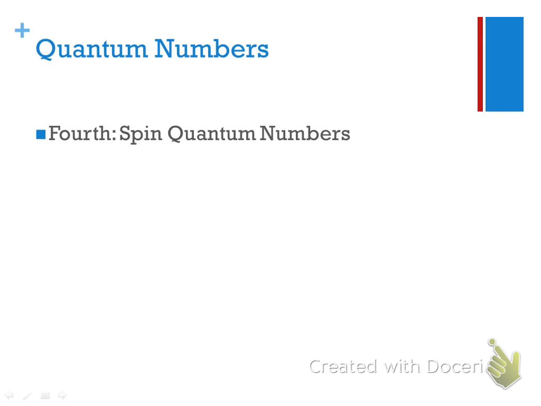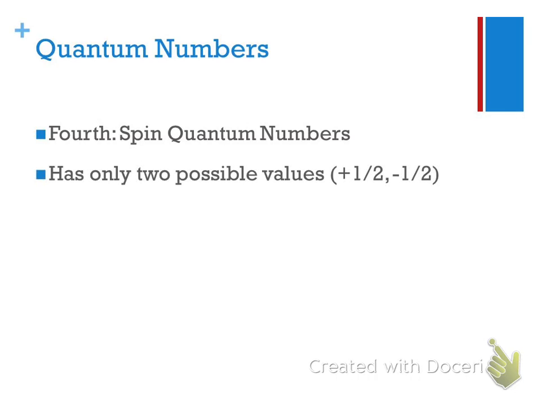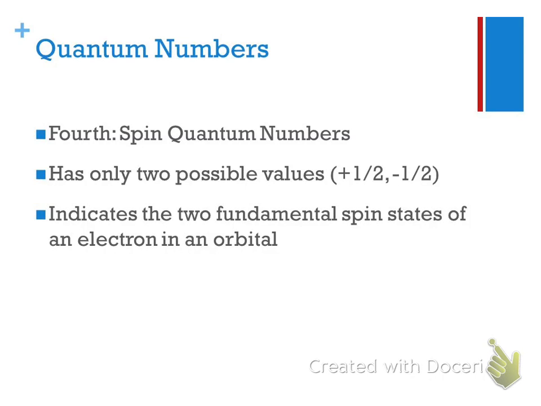Our last is called the spin quantum number. It has only 2 possible values, either +1/2 or -1/2. And what it tells us is the fundamental spin state of an electron. When electrons are paired together, they have to have opposite spins. They have to be spinning in opposite directions in order to be paired.